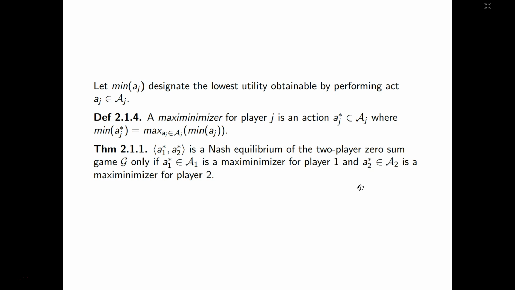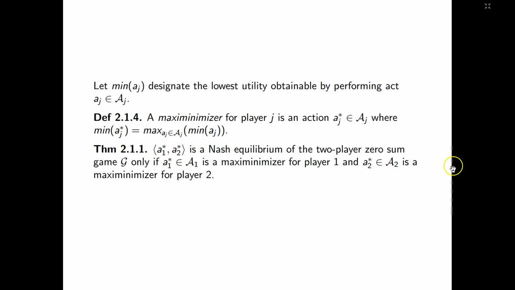Then the maxi-minimizer theorem says that a star 1, a star 2, so the action profile starred for 1 and the action profile star for 2, is a Nash equilibrium of the two-player zero-sum game G only if a star 1 is the maxi-minimizer for player 1 and a star 2 is the maxi-minimizer for player 2.